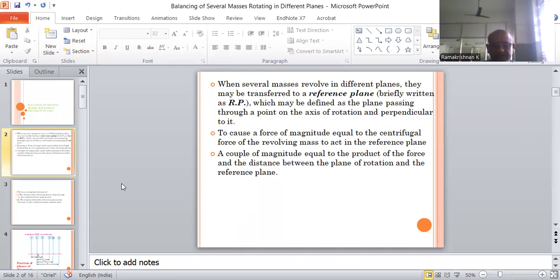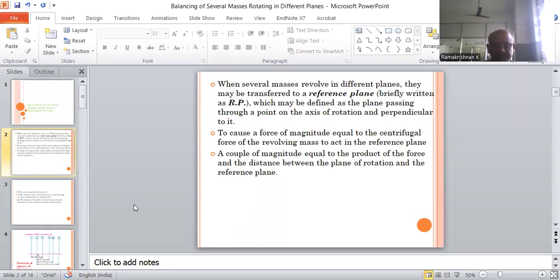Also, a rotating mass in a different plane creates a couple. So transferring the planes to the reference plane also gives a couple, which is equal in magnitude to the product of the force and the distance between the plane of rotation and the reference plane.